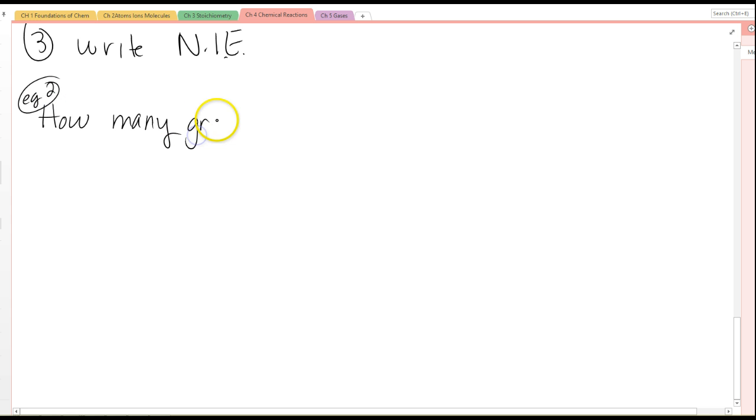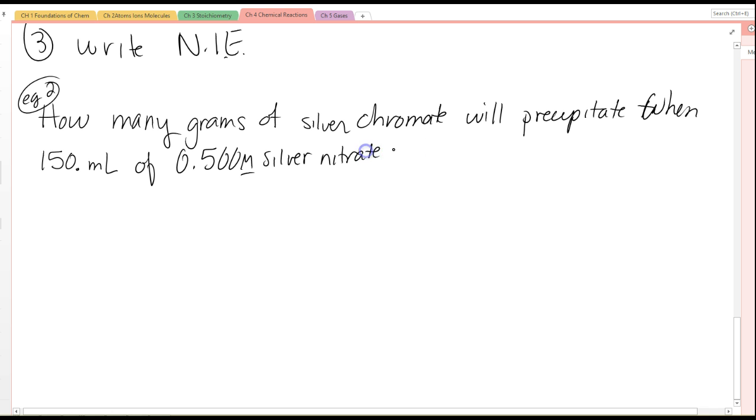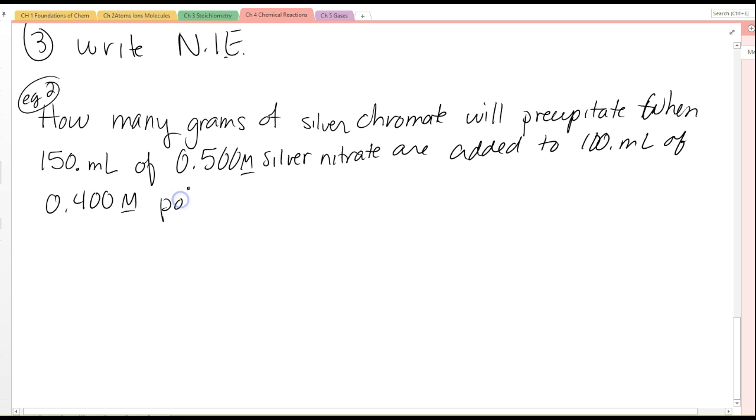How many grams of silver chromate will precipitate when 150 milliliters of 0.500 molar silver nitrate are added to 100 milliliters of 0.400 molar potassium chromate?